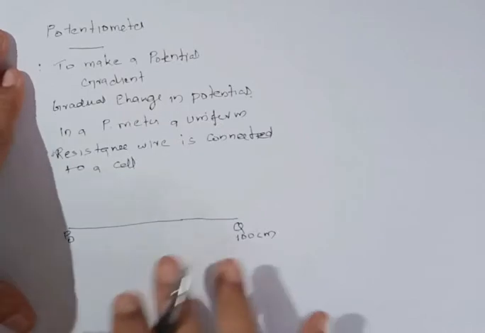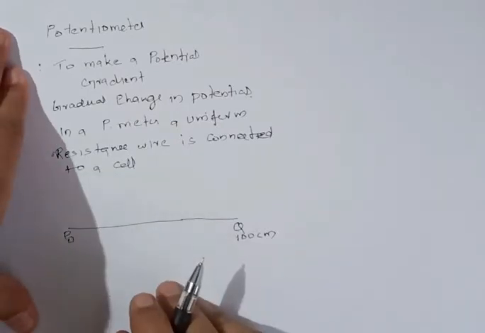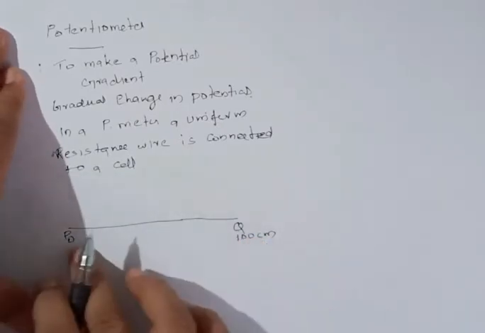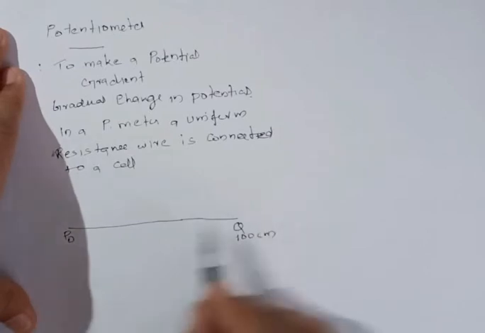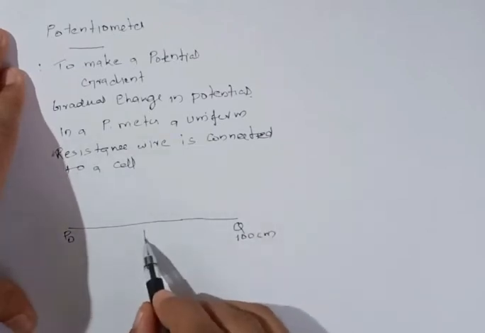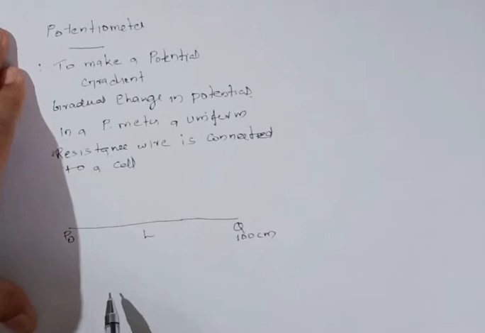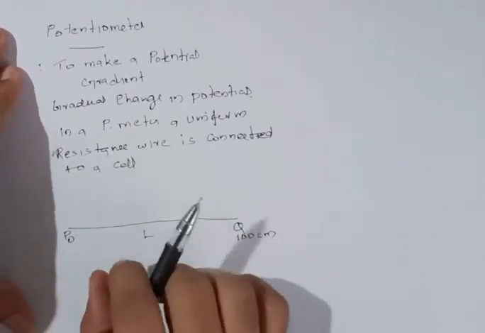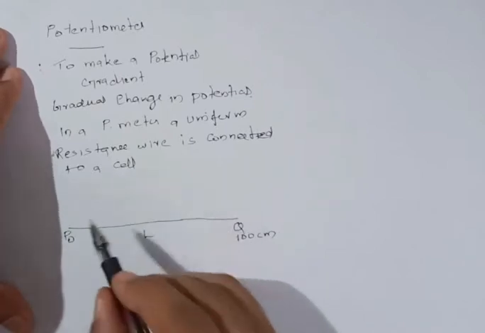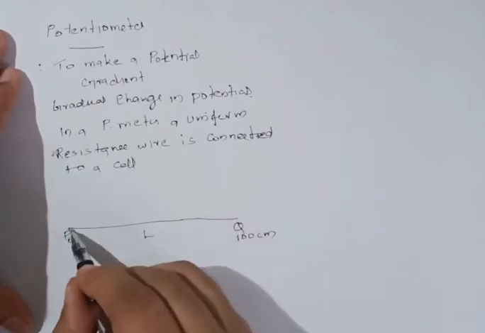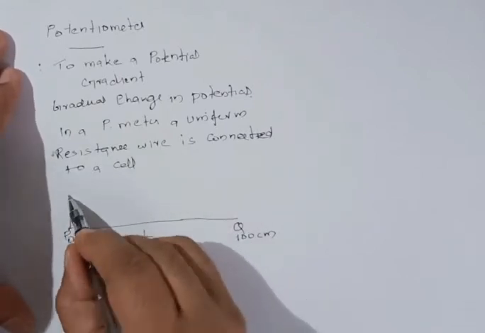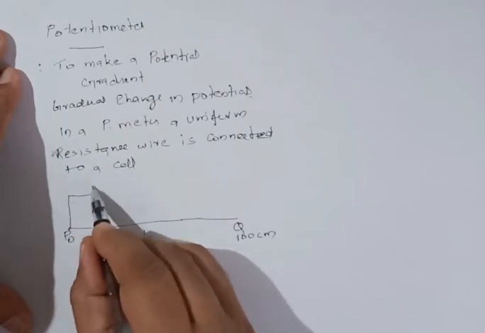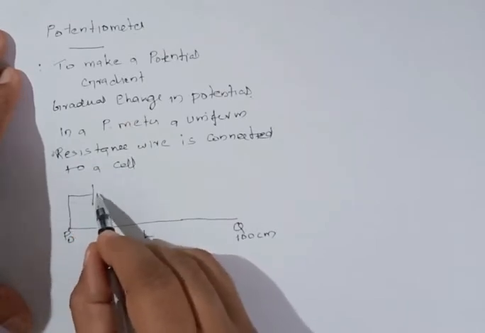So just to understand how it functions, you will have a uniform wire of length 100 centimeter. Let us write the length of the wire as L. Now, how do we implement this potentiometer circuit? You connect from P to a constant DC power. You should always connect the starting point to the positive.